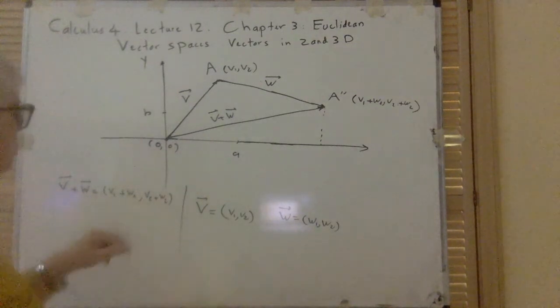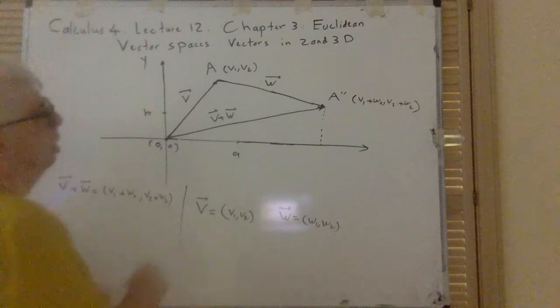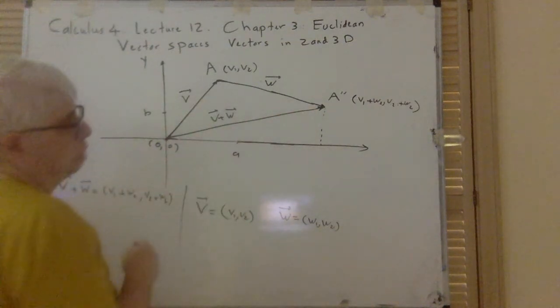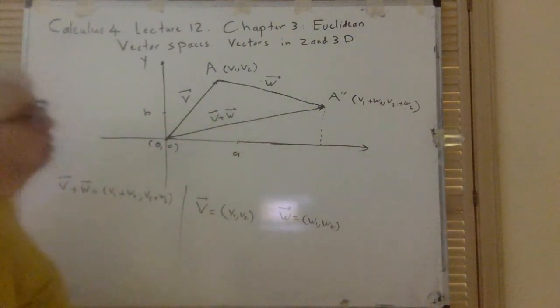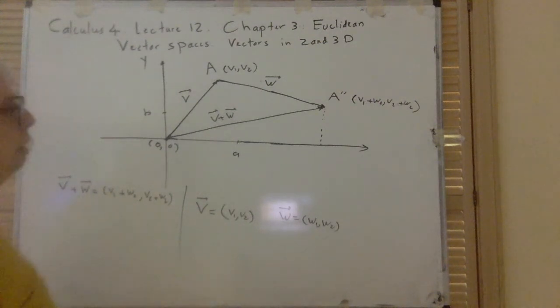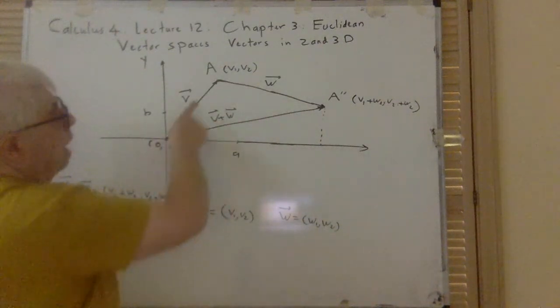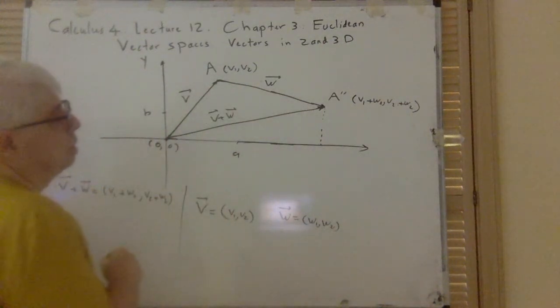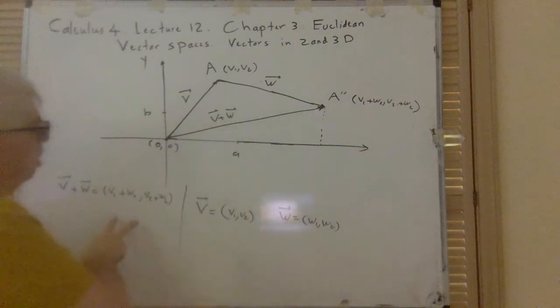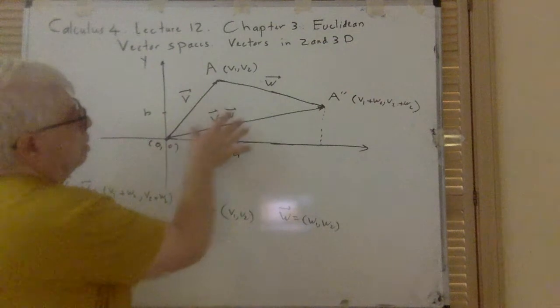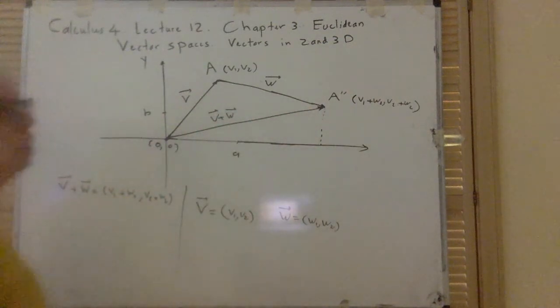Okay, so this point has coordinates (V1 + W1, V2 + W2). Therefore, since this is the addition of these two translations, V plus W is this, because this is the same as this endpoint, the terminal point.